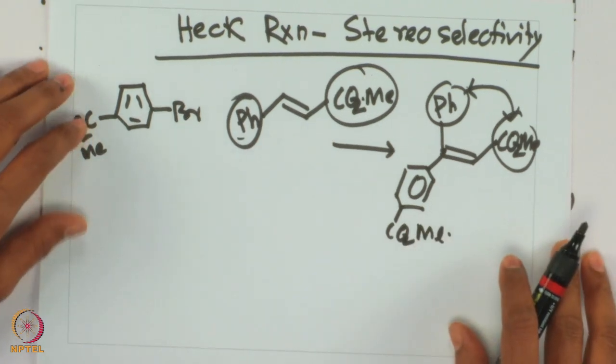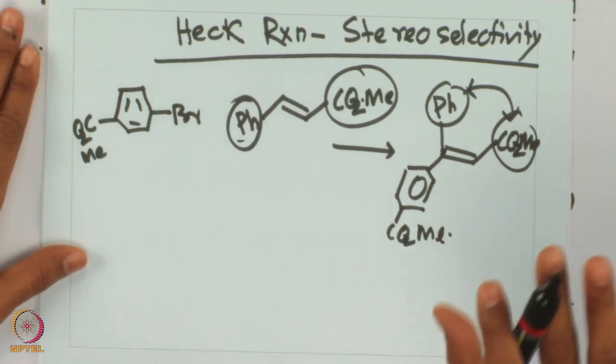Similarly, what we have seen now is the aryl bromide adding to the less substituted olefinic side, and the substituent at that site is going to be the other way around with respect to the alpha site. So, that is all the stereochemistry.